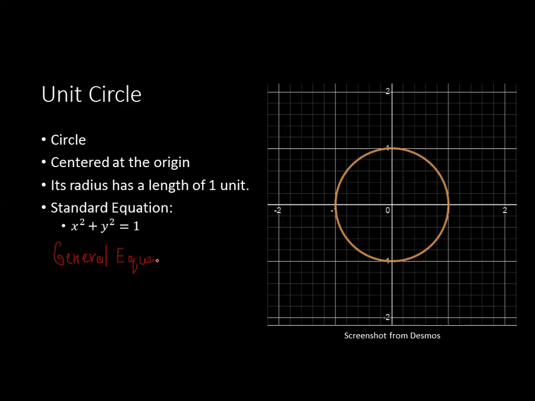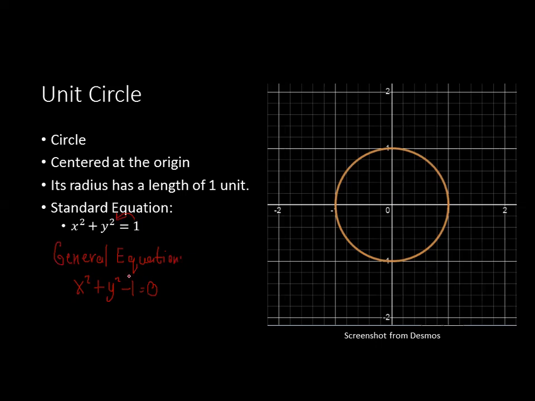Here is the formula, which is x squared plus y squared minus 1 is equal to 0. So this is the general equation. Again, the general equation is about grouping all terms on one side. So all terms here, I transpose 1 to the left. So we have this one.